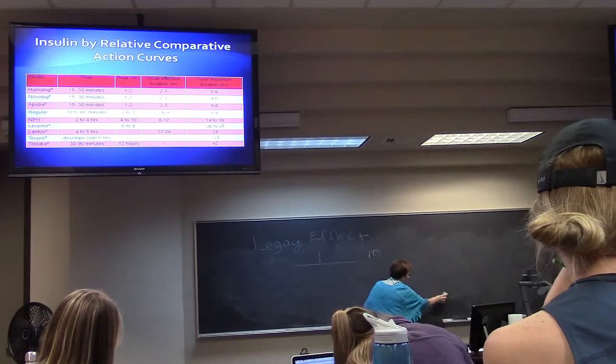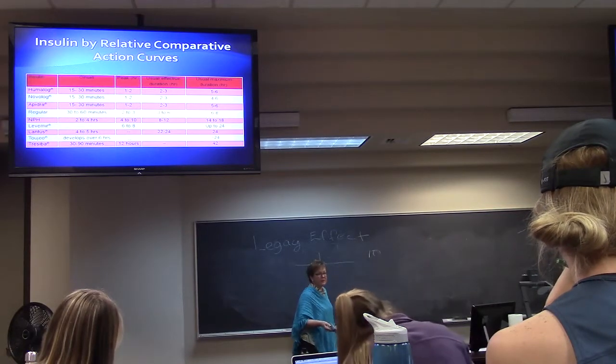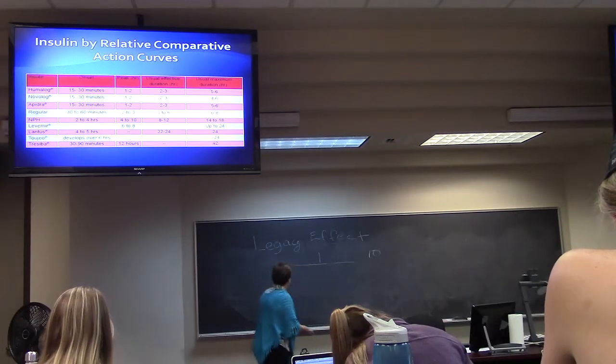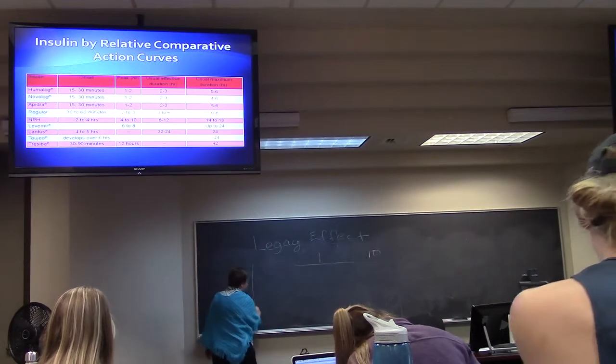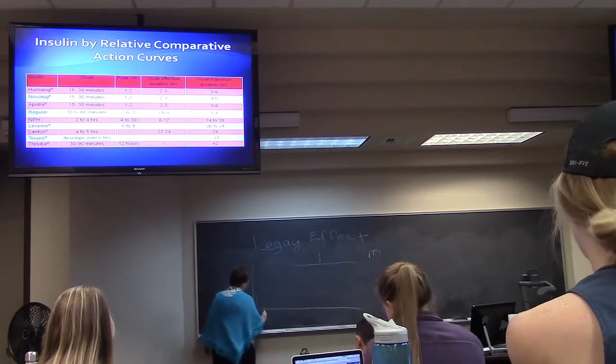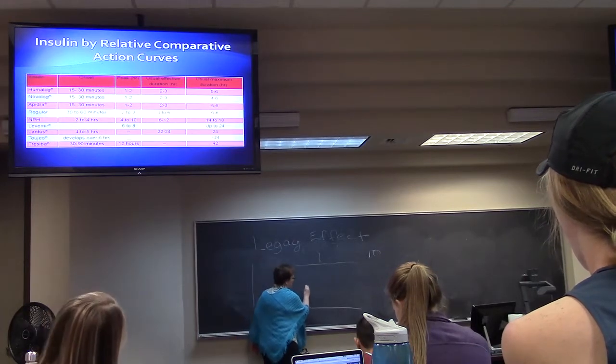You go into Walmart and buy a vial for $25. Lantus will cost you about $160. So cost is starting to drive people back to the older products. So with NPH, when you take it in the morning, you get this kind of profile.